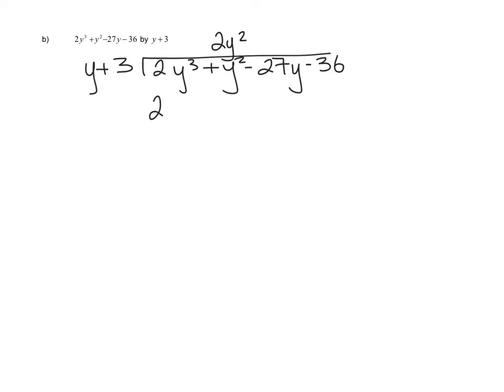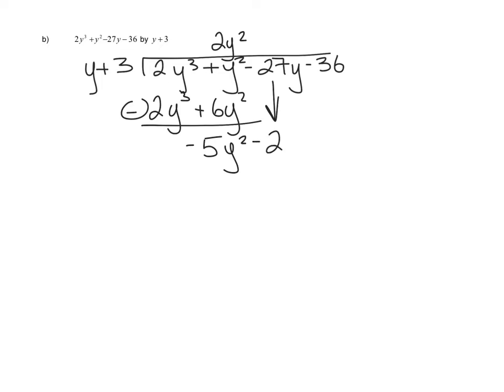Multiply that out, 2y cubed plus 6y squared. Subtract. When I subtract that, I get negative 5y squared. Bring this down. What multiplies with y to give me negative 5y squared? That's going to be minus 5y. And I end up getting minus 5y squared minus 15y.